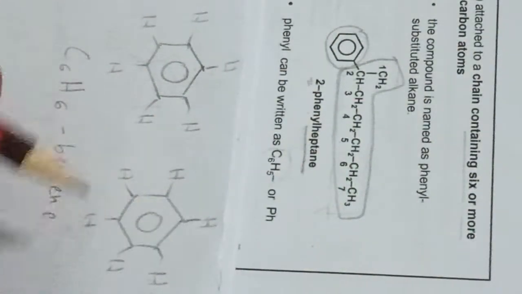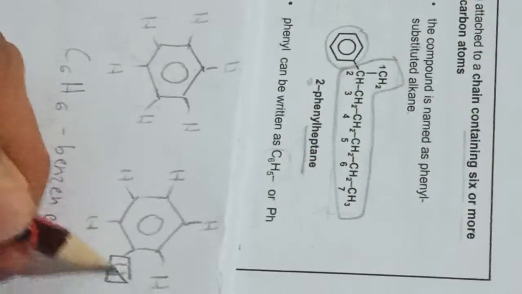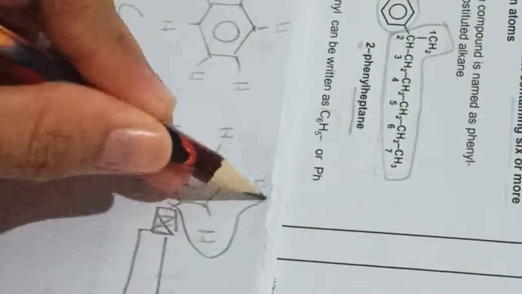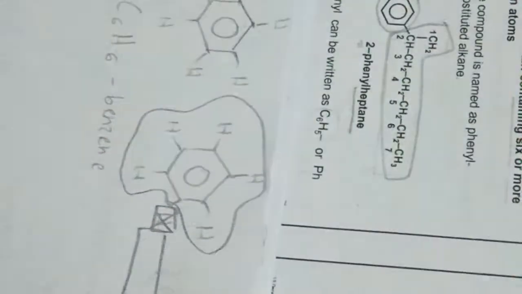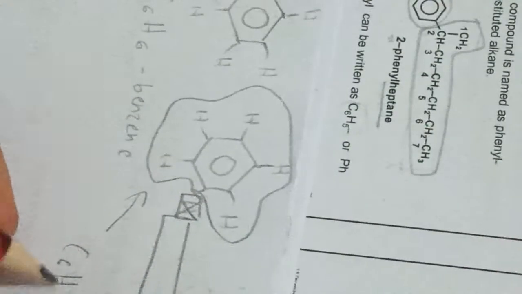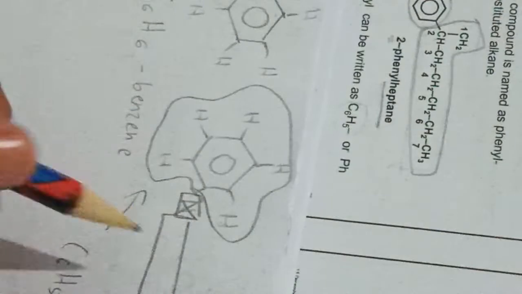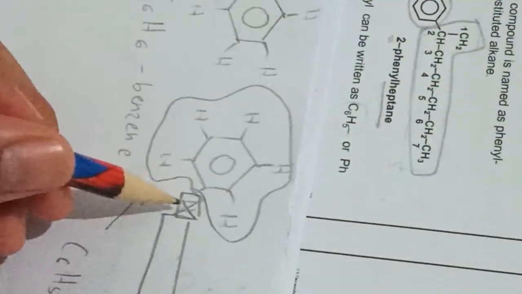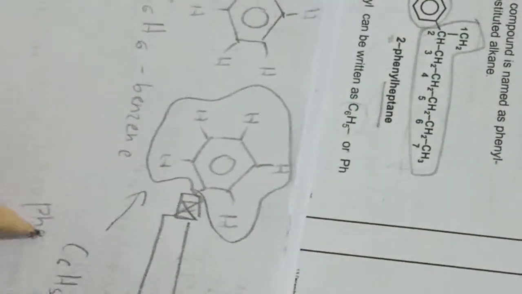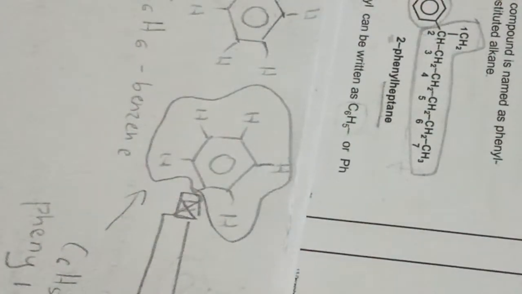This is the benzene, but now when one of the hydrogens is lost and is attached to the new parent, this will become a substituent. So this substituent here is C6H5, right? Because we already lost one of the hydrogens and it is substituted with the other carbon chain. Okay, so this is phenyl.